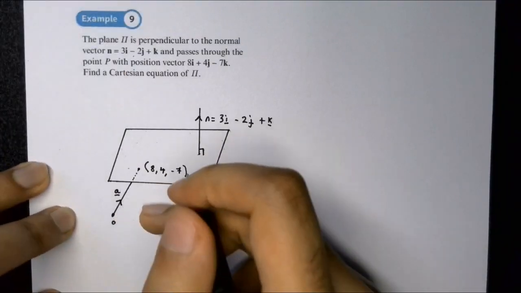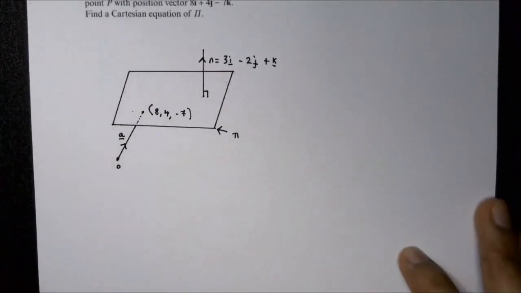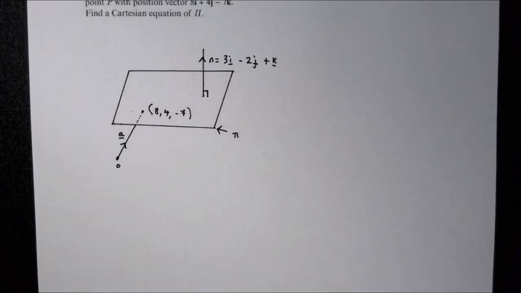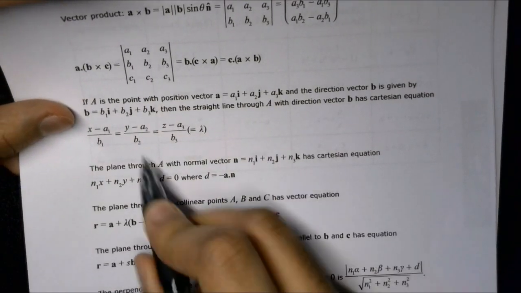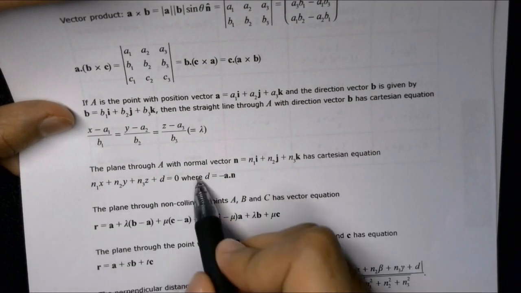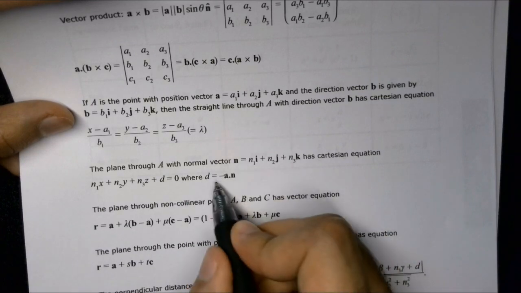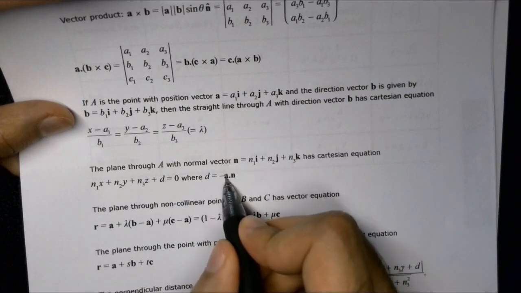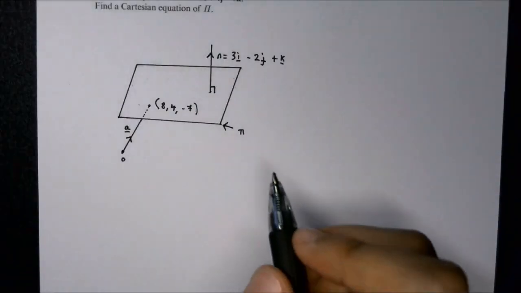Okay? Now, having done all that, if we use what's in the formula book, that is the information we mentioned over here. First of all, if we work out what d is equal to minus a dot product with n. Okay?